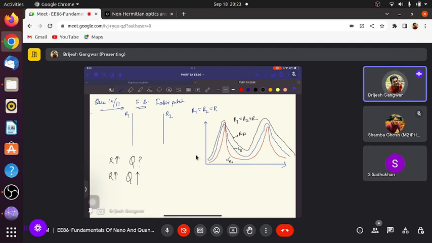The Q factor will also increase, okay? Because if reflectivity is less, it means loss is there. That's why the reflectivity is less, right? Yes, sir, absorption or something. So the Q factor will decrease if losses are higher.